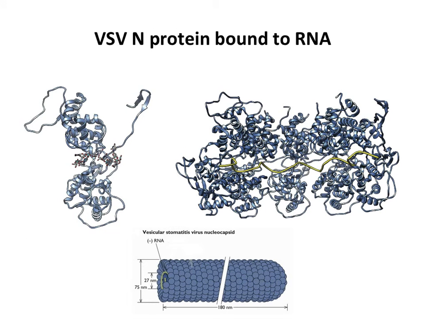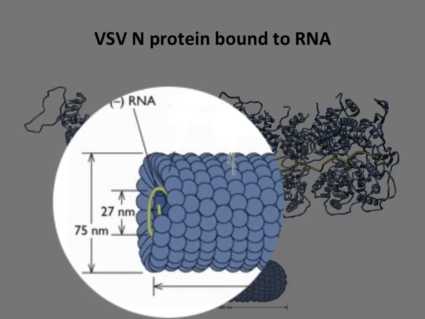So here's an example of one of these negative strand RNA genomes coated with protein. We've actually seen this before when we were talking about nucleocapsids and helical symmetry. This is the VSV structure shown here. This is the helical genome of VSV. And to complete the particle, remember, it would be surrounded by an envelope.